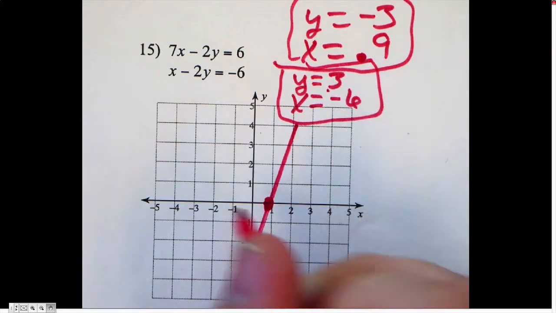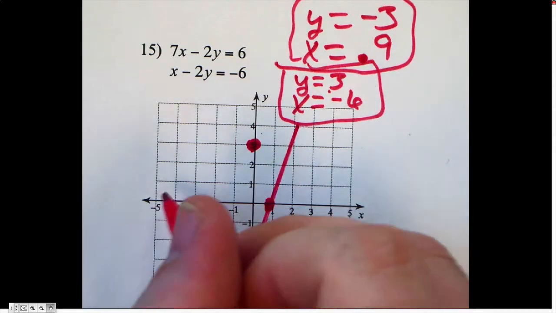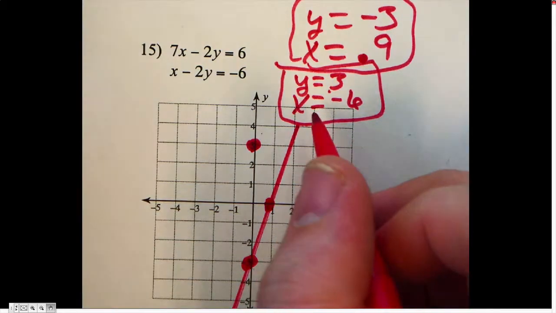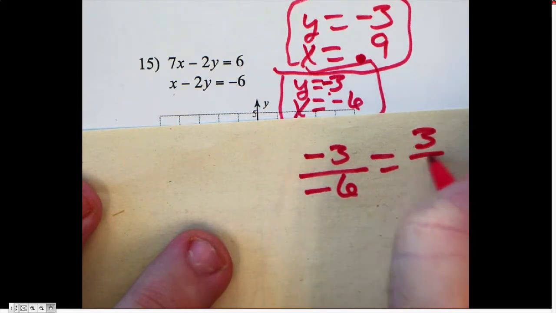This one, y is 3, and x is negative 6. I can't go to negative 6, so I need to convert that into slope. So I change the top number, and I have negative 3 over negative 6, which equals just 3 over 6, which is the same thing as 1/2.